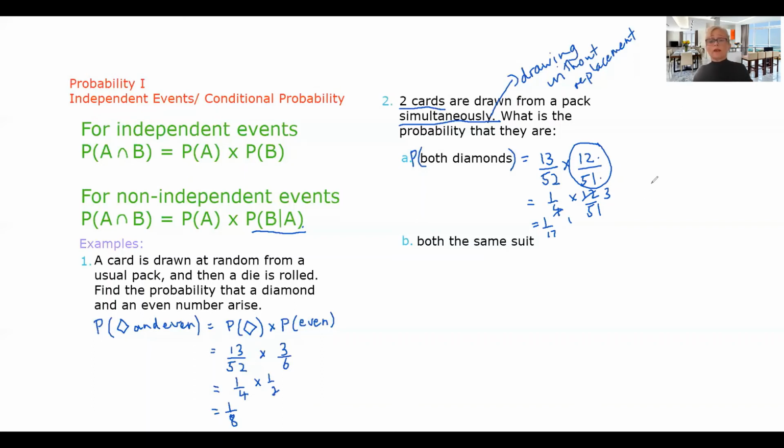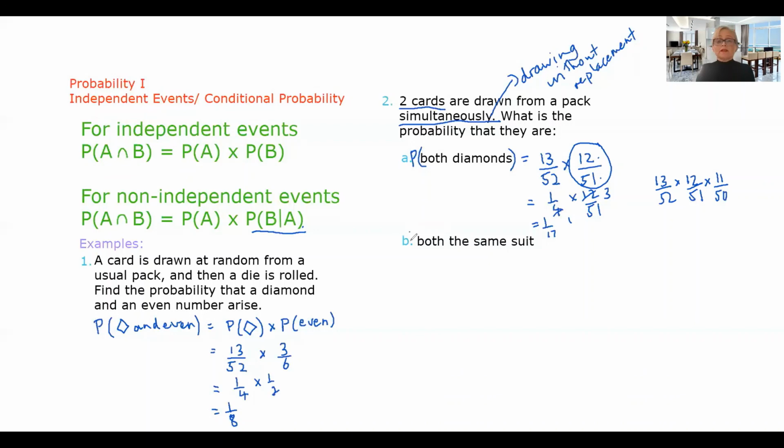What's the probability that they're all diamonds? Well, the probability that the first one is 13 on 52. Probability that the second one is, you've only got 12 diamonds left out of 51 cards. Probability that the third one is a diamond, you've only got 11 diamonds left now out of your 50. That sort of idea, that is conditional probability.